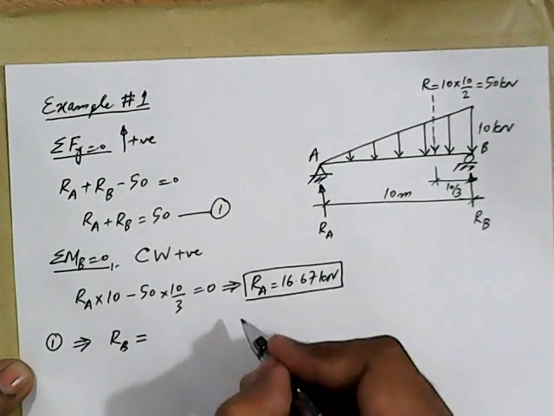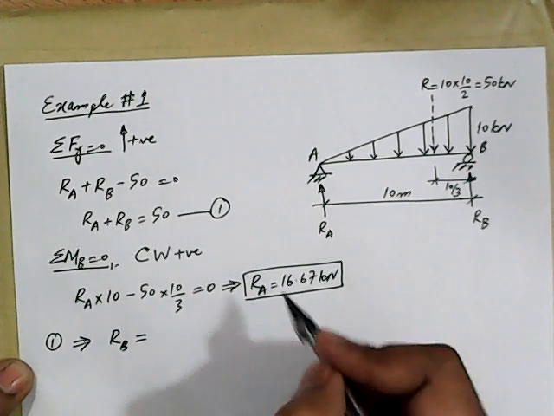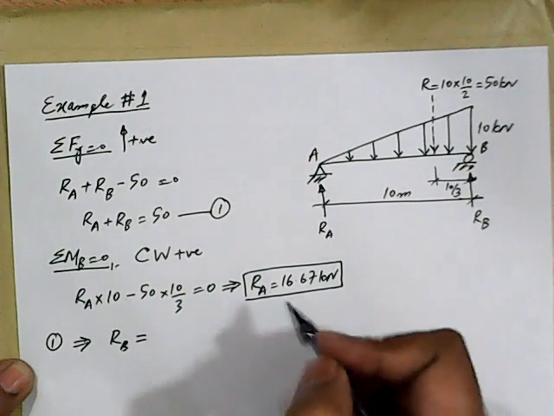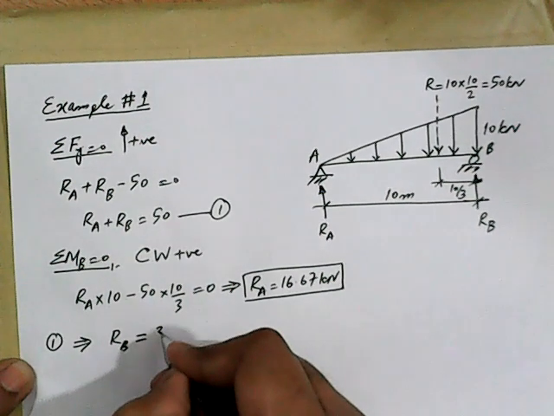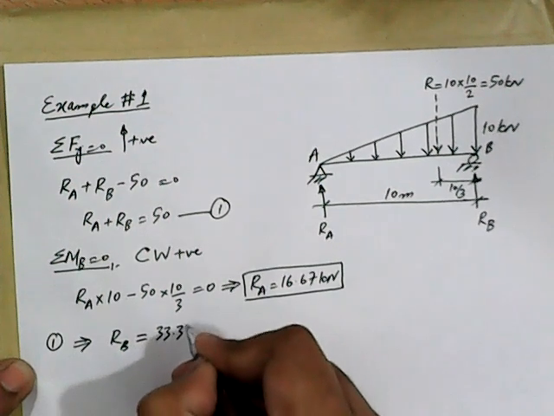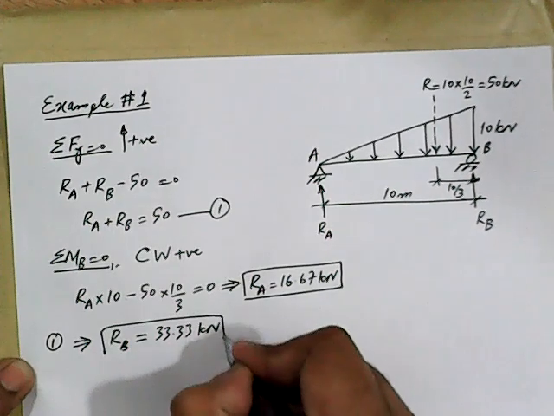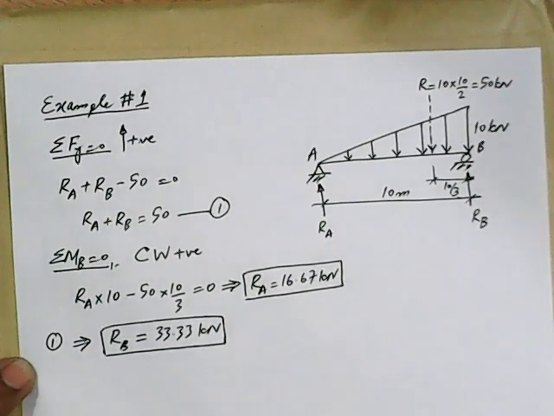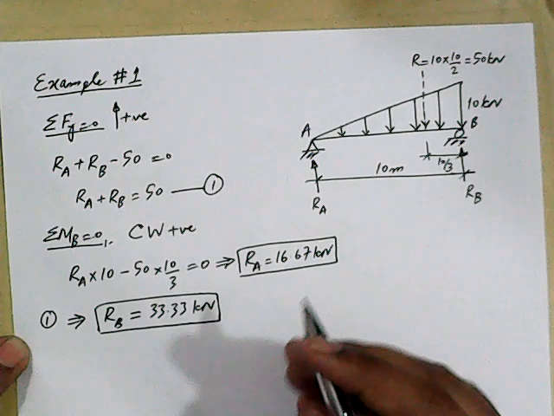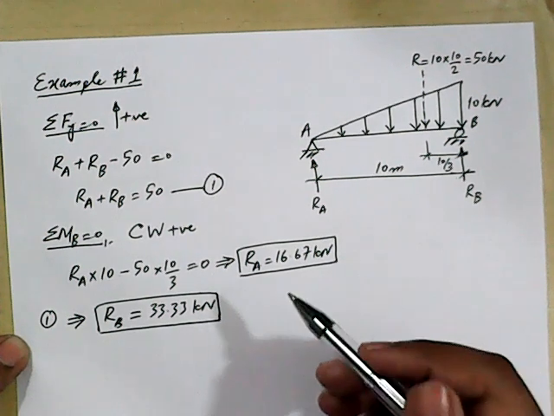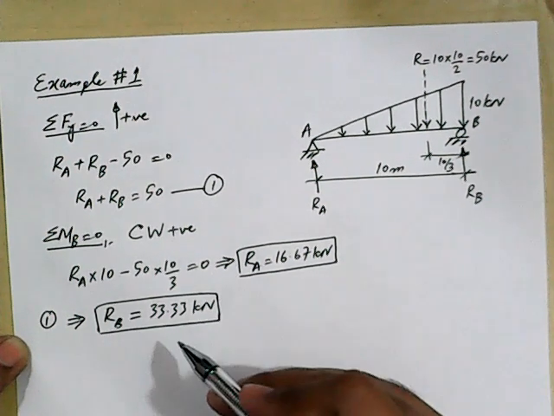If I plug in RA as 16.67, I get RB equal to 33.33 kilonewton. So this is the value of RB. In this way we have calculated both reactions RA and RB.